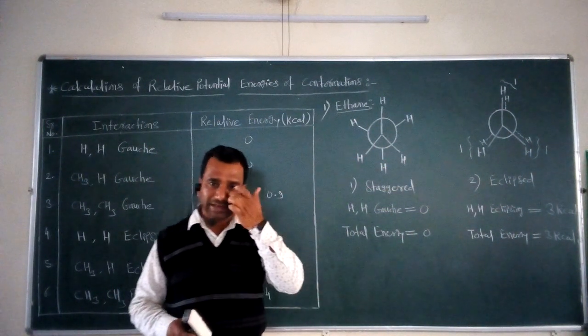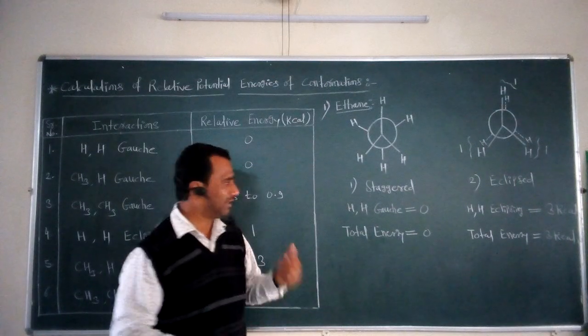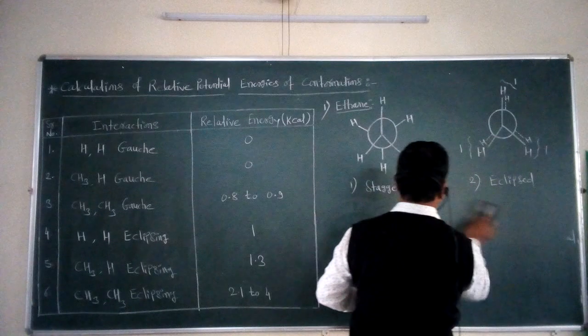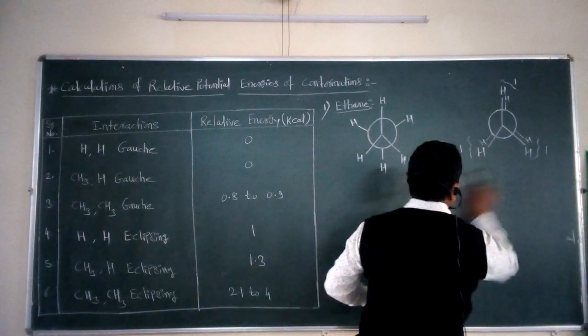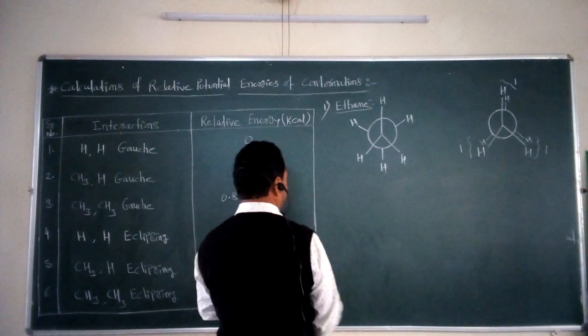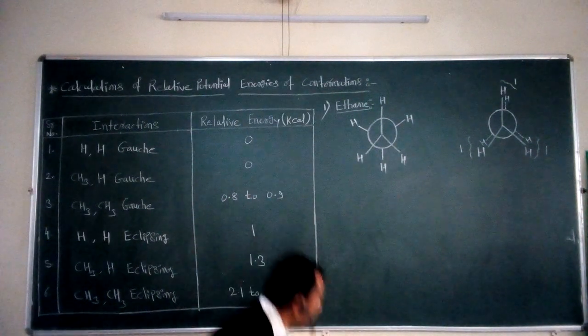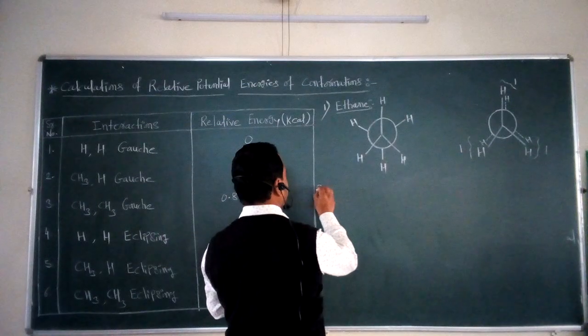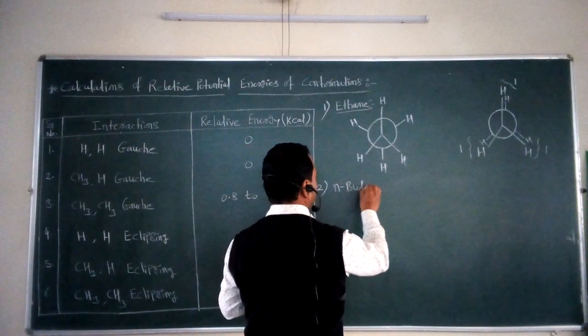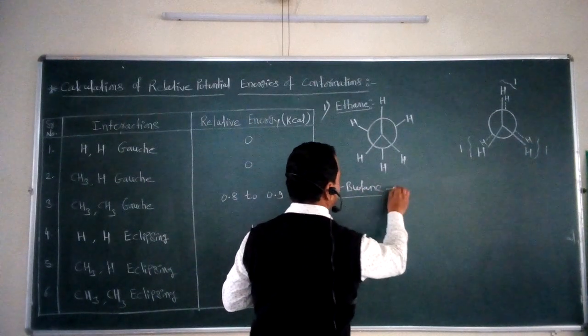Now we take the second type of molecule. The second important molecule we take here is butane. For this butane molecule, we have to calculate its energy. It is an n-butane molecule.